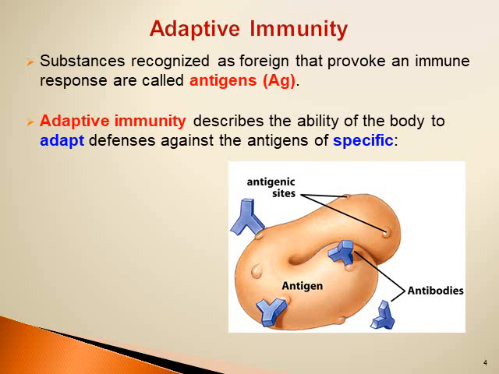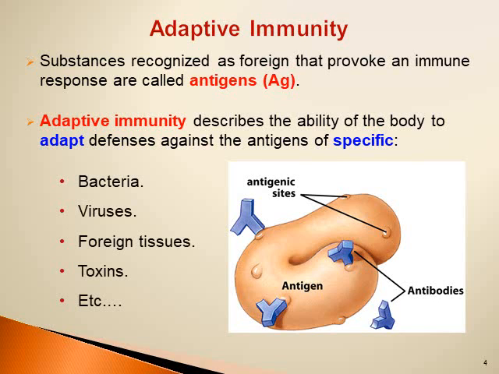The adaptive immunity describes the ability of the body to adapt defenses against the antigens of specific bacteria, viruses, foreign tissues, toxins, and etc. So the body will develop a defense mechanism against those specific antigens.